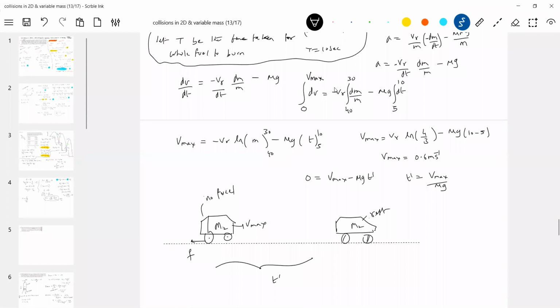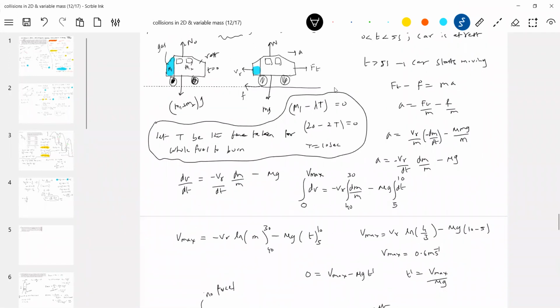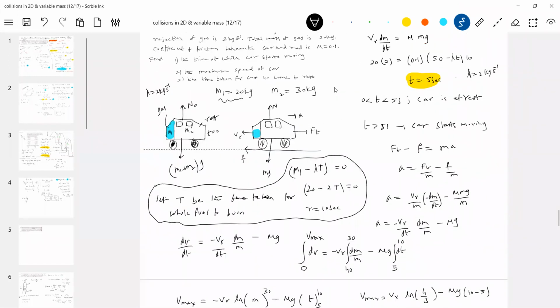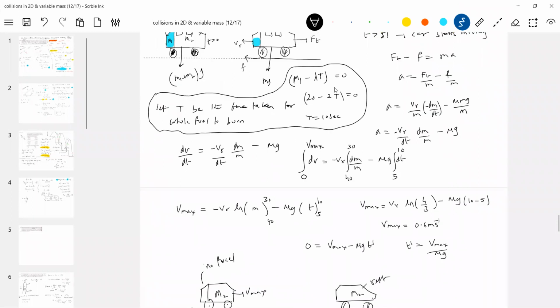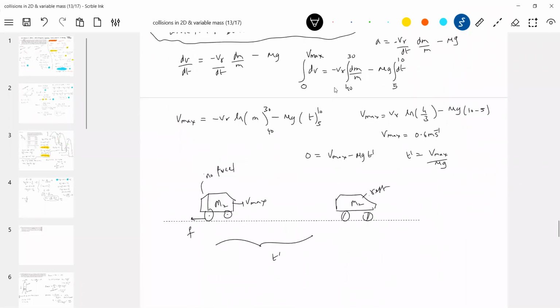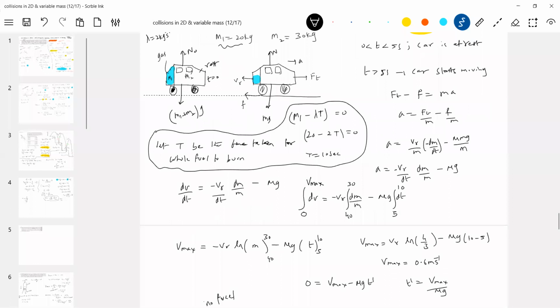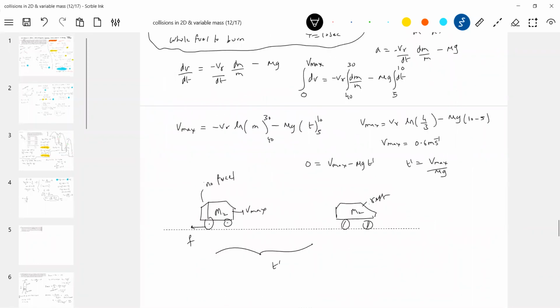Total time for the car to come to rest means first 5 seconds you add up, then this 10 seconds, next the t dash. After what time it will come to rest? You have to add up all those times: 5, then this 10, then next t dash.